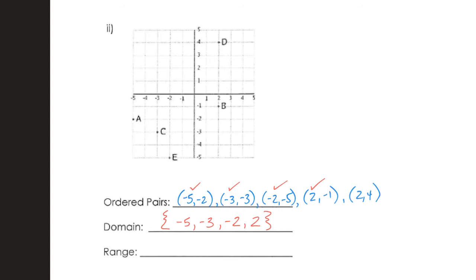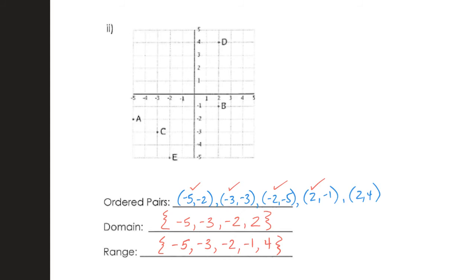Okay, what's your range? Well, my range then is a set of values. There's my brace brackets. I want to go bottom up. So when I look at all my blue values, I'm looking for the smallest one, the next smallest one, the next smallest, and so on, and so on. And there we go.